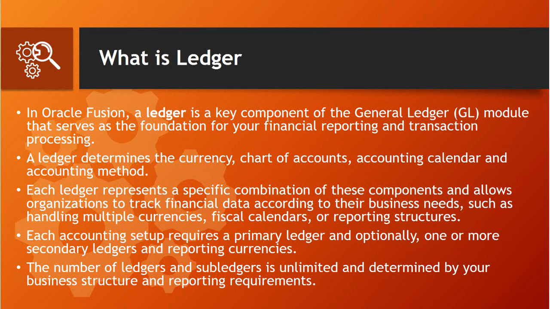Whenever we define the ledger, the primary ledger is mandatory, and others like secondary and reporting are optional. It varies based on the business need. So basically, this is the ledger concept.